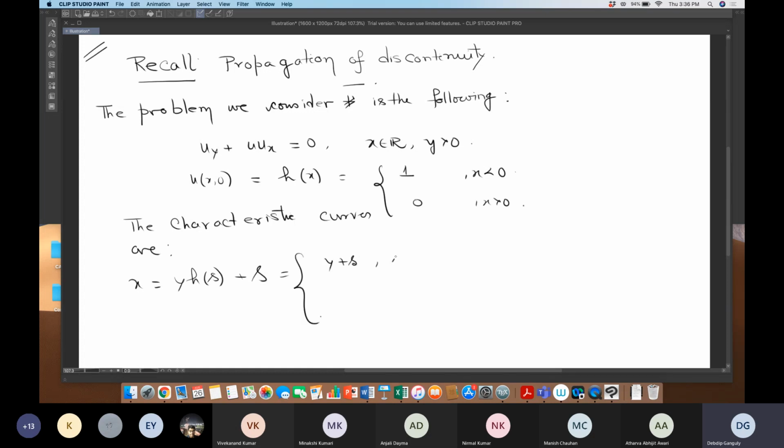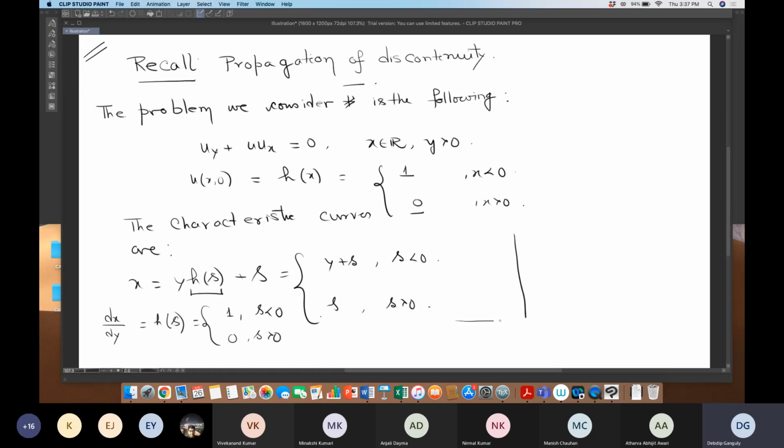It is y plus s when s is negative and s when s is positive, because h is 0 when x is positive, so only s is left, and h is 1 when s is negative, so y plus s. Now what is the speed? dx by dy is h of s, which is equal to 1 when s is negative and 0 when s is positive.